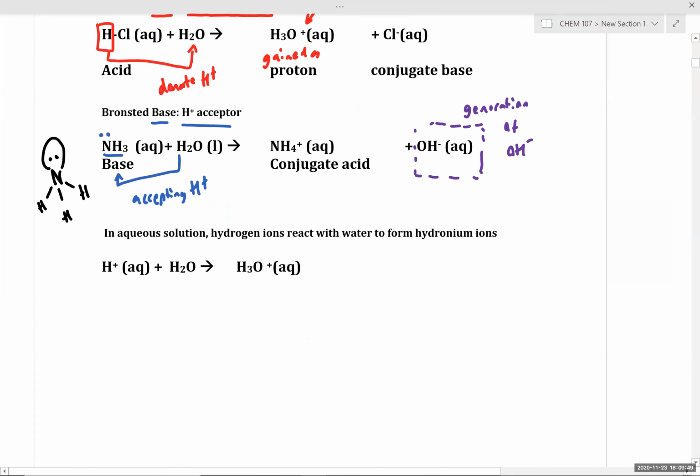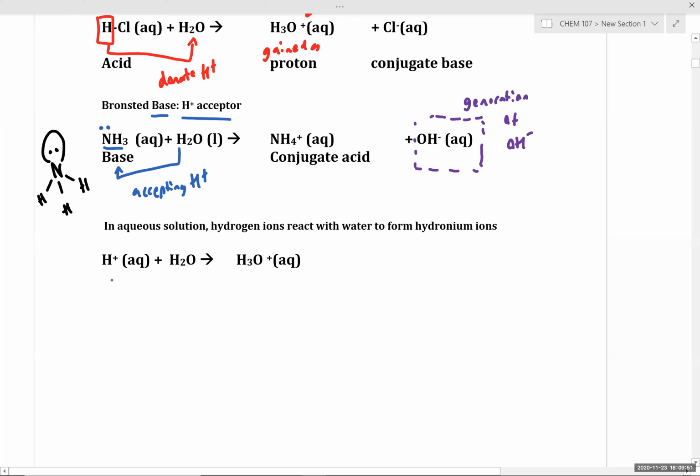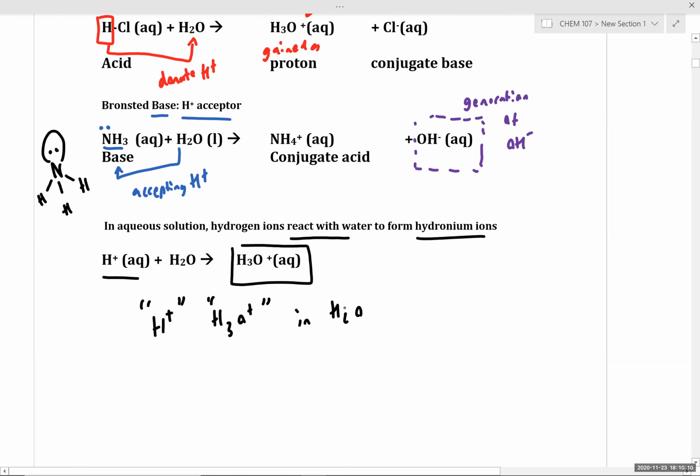Okay, now in aqueous solution, you don't generally have H plus floating around. Instead, hydrogen ions will react with water to form hydronium ions. So H plus and H3O plus are used interchangeably in water. These can be considered functionally equivalent.